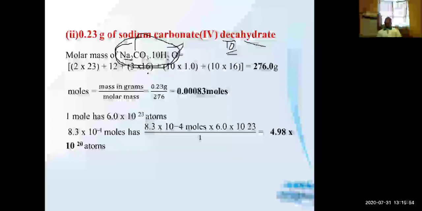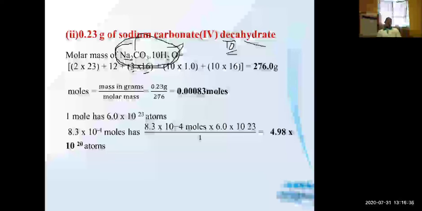We said that the moles is equal to mass over molar mass. Sorry, the moles is equivalent to mass in grams over molar mass. So let us get the molar mass of sodium carbonate decahydrate. Sodium is 23, and here there are 2, so you multiply 2 times 23. Carbon is 12. Then oxygen, there are 3, and the relative atomic mass of oxygen is 16, so you multiply 3 times 16.